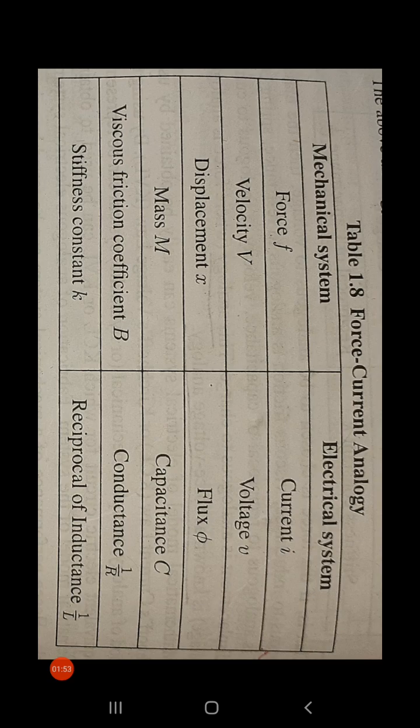Next, come to the viscous friction coefficient B. If we have a viscous friction coefficient in a mechanical system, then it can be treated as the reciprocal of resistance in an electrical system. This reciprocal of resistance is sometimes called conductance also.